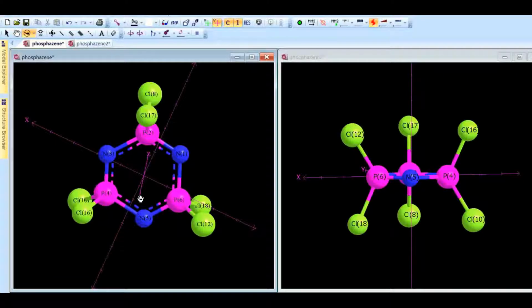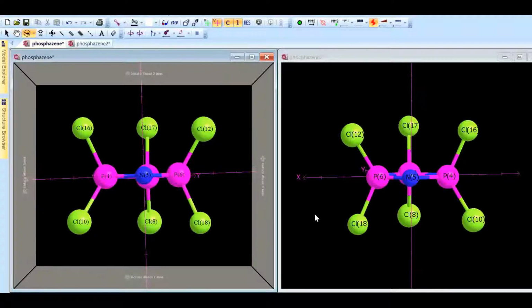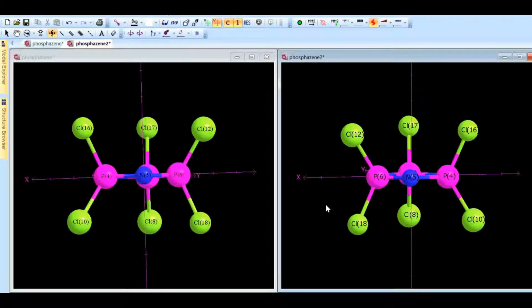So for performing the improper rotation, what I will do is first rotate this molecule by an angle of 120. I am again arranging the molecule in the same configuration first, and I will perform the operation on the molecule I have put on the right hand side.